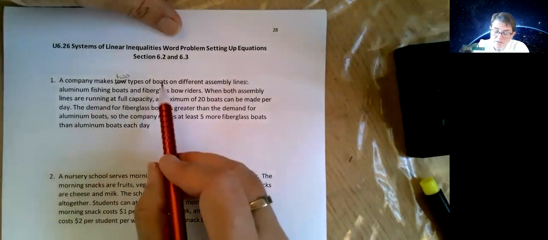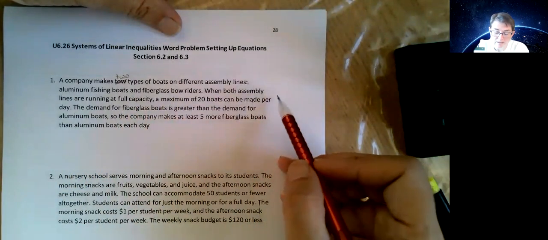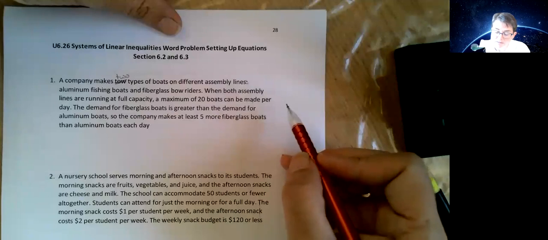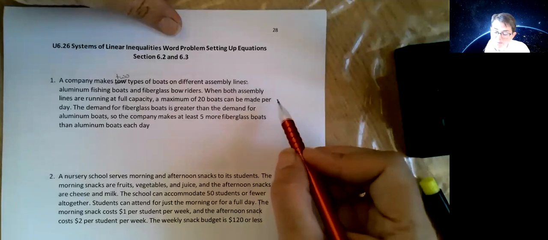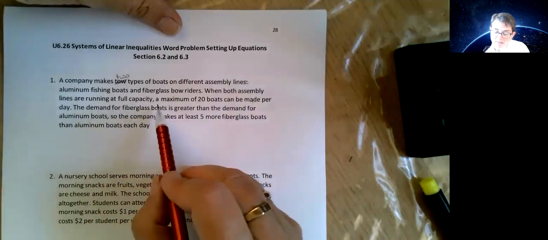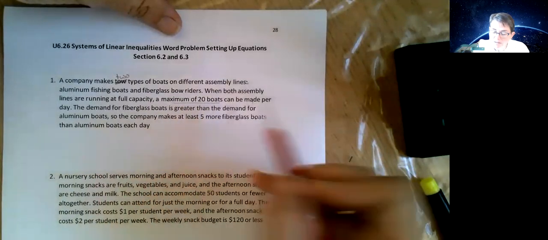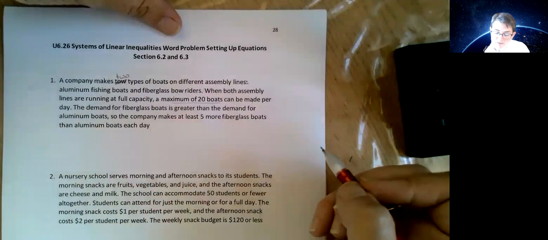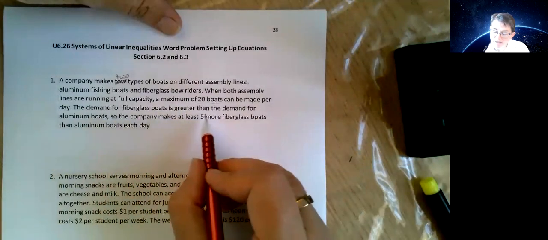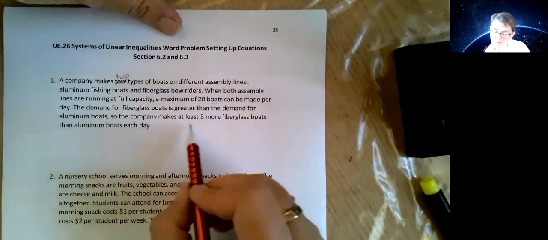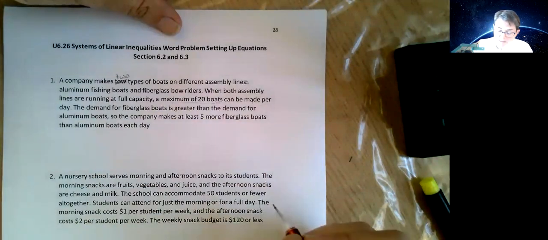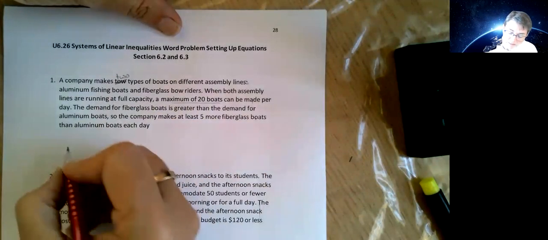A company makes 2 types of boats on different assembly lines, aluminum fishing boats and fiberglass bow riders. When both assembly lines are running at full capacity, a maximum of 20 boats per day can be made. The demand for fiberglass boats is greater than the demand for aluminum boats, so the company makes at least 5 more fiberglass boats than aluminum boats every single day.